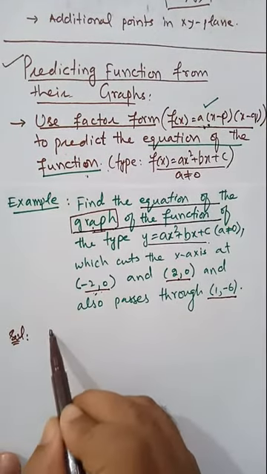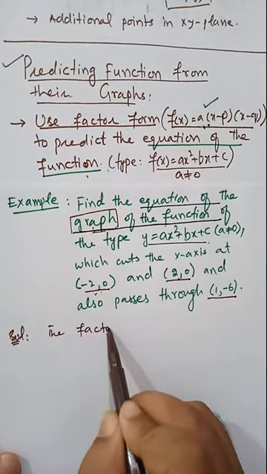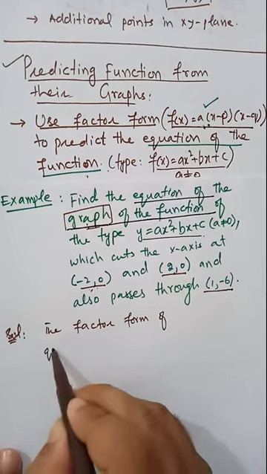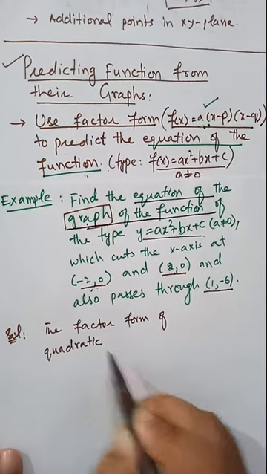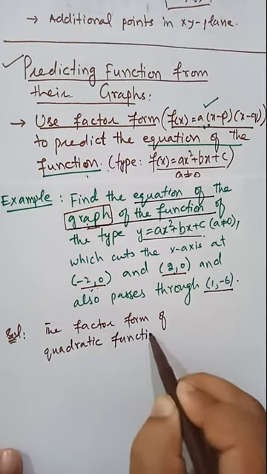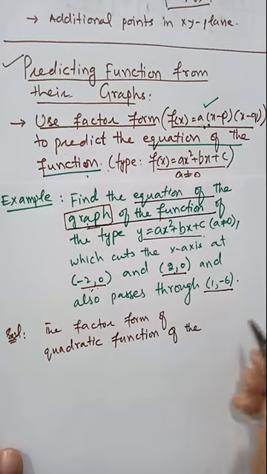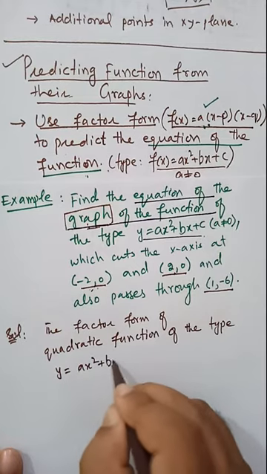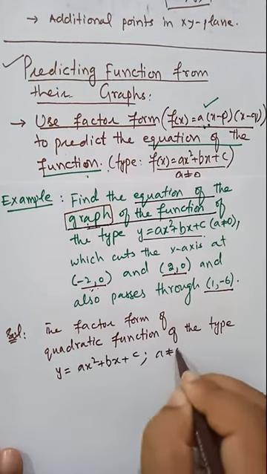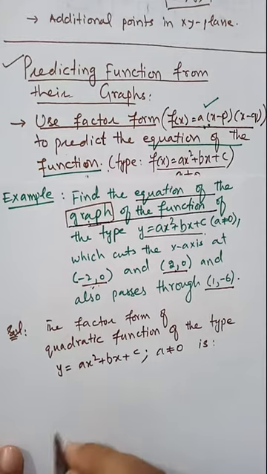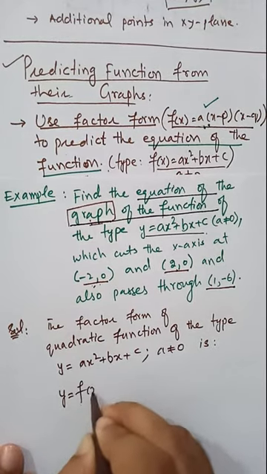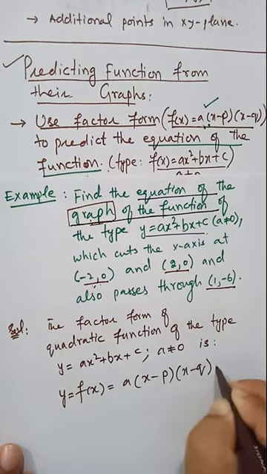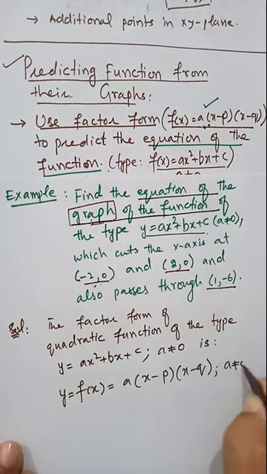The factor form of the quadratic function of the type y is equal to ax square plus bx plus c, where a is not equal to 0, is y is equal to f of x is equal to a times (x minus p)(x minus q), and this a is not equal to 0.